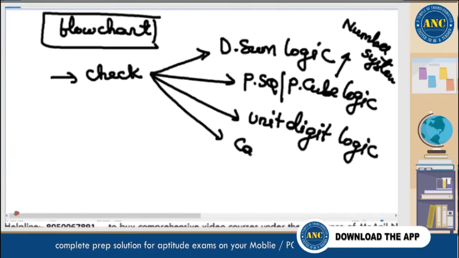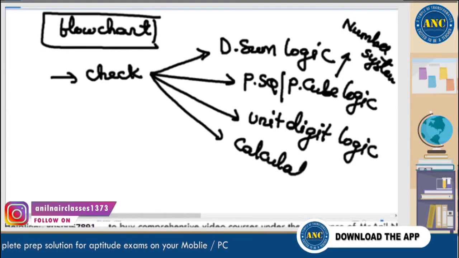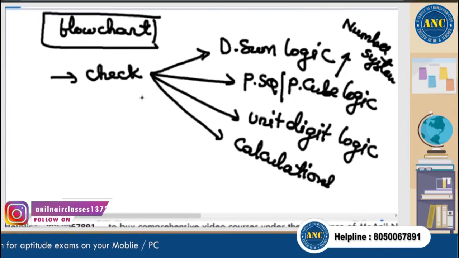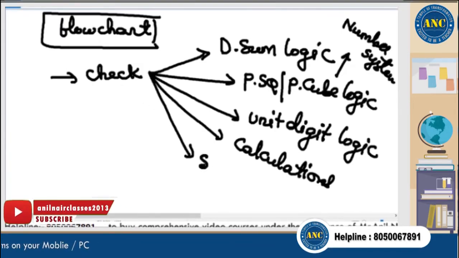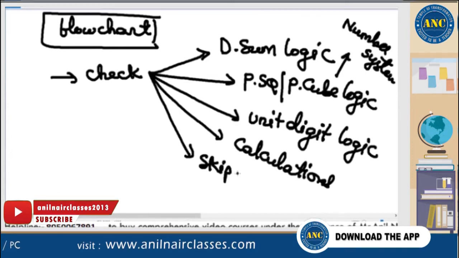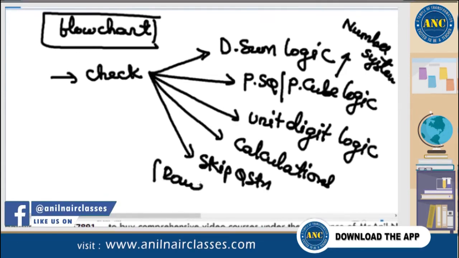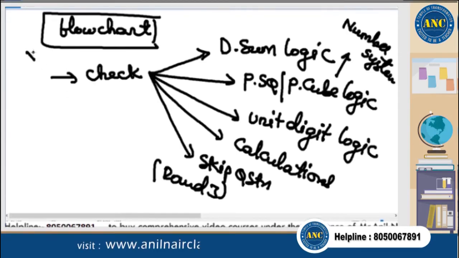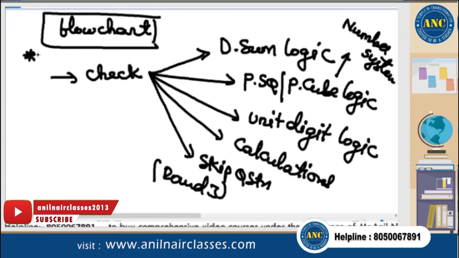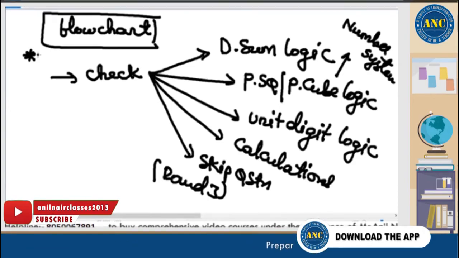Fourth is, if none of these is working, you will use the necessary calculations. If none of the four is working, you will skip the question if it is taking more time, and solve it in round 3. Please make a note of this. These are the checkpoints, the tools which you will use.